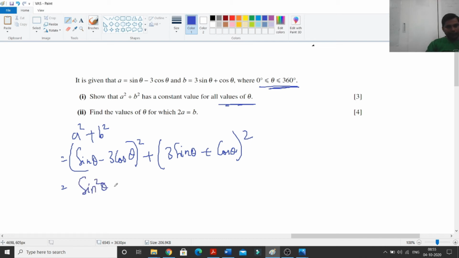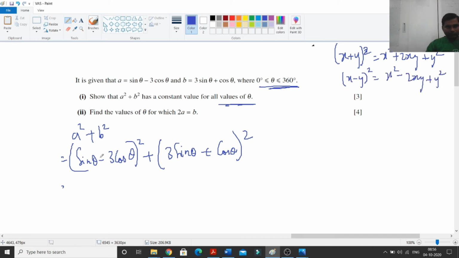So you'll get sin square theta. Use the formula: x plus y whole square is x square plus 2xy plus y square, and if it is x minus y whole square, we can write x square minus 2xy plus y square. So we are going to use that formula. So x is sin theta here, so it will become sin square theta minus 2 times sin theta times 3 cos theta plus 9 cos square theta.